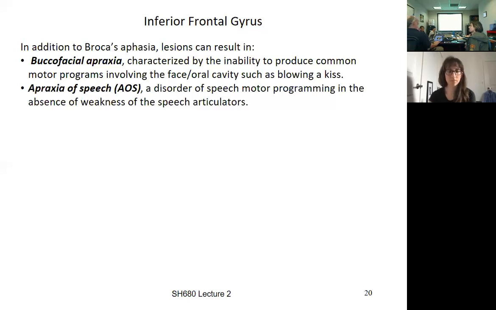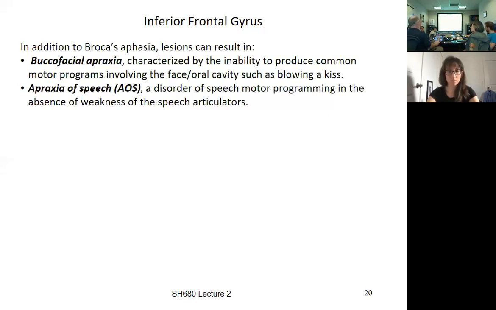Others, such as Hillis and colleagues, say it's the inferior frontal gyrus, the posterior portion of the inferior frontal gyrus. What these areas all have in common is that they intersect each other right at the junction of the frontal lobe and the anterior insula. And so probably damage to any one of them can cause it, and depending on the individual, it may cover a different subset of the structures.